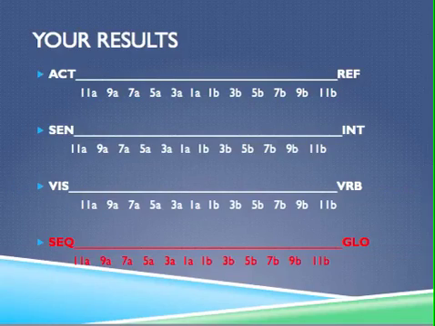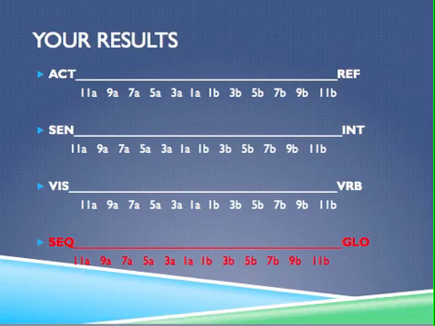What you see is the diagram that was presented in your packet in terms of your results for your learning preferences. We're going to focus on the bottom set of preferences. Sequential is on the left and global is on the right. Remember that the score that you receive helps you understand where your preferences are.